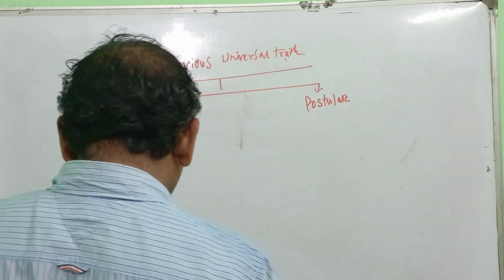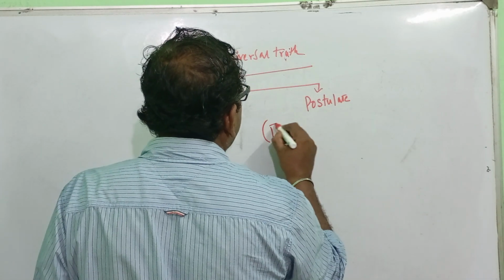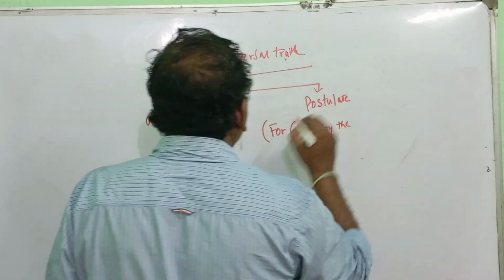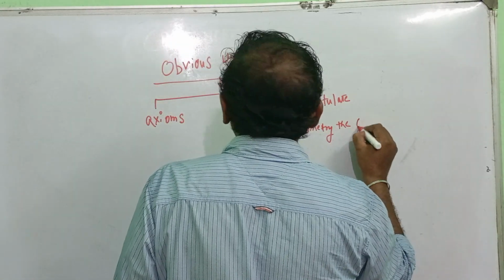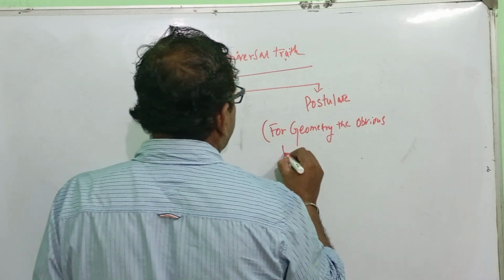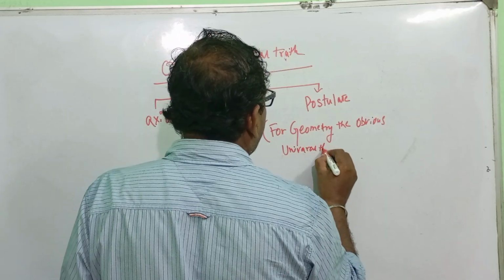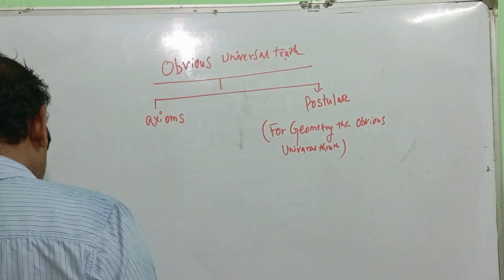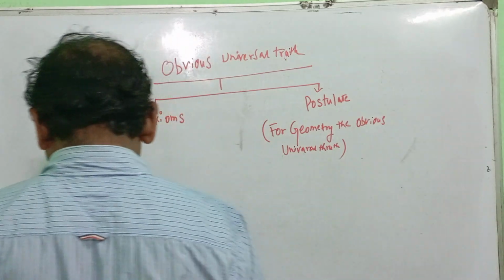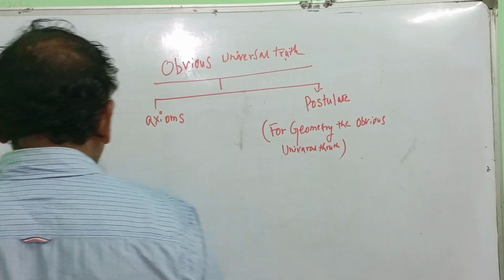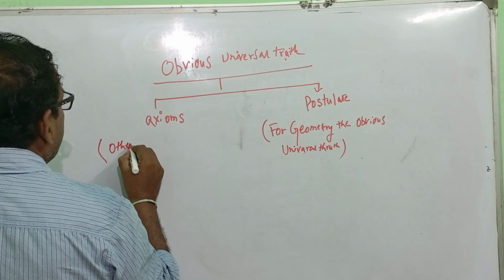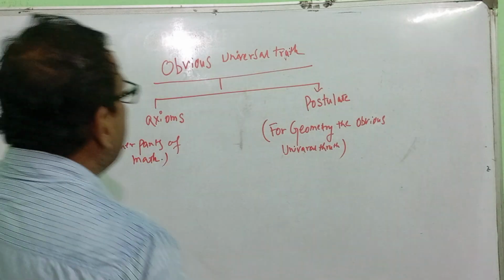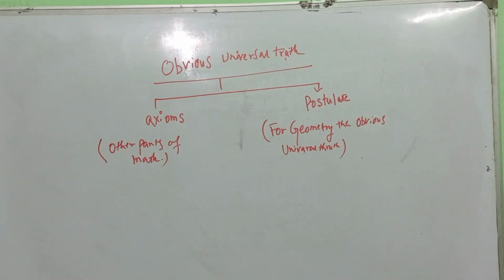Now for geometry, the obvious universal truth is called postulate, and the other parts of math are axioms. Clear?